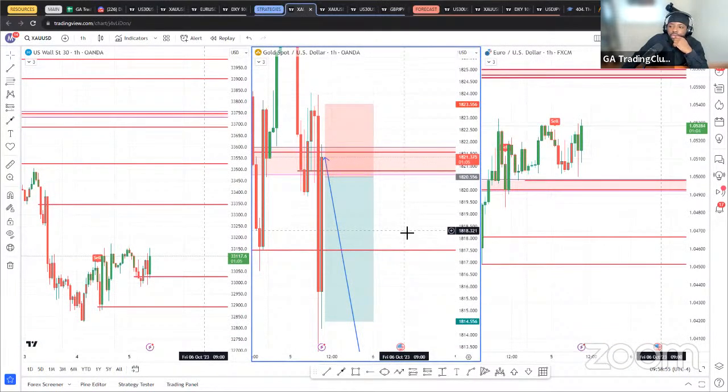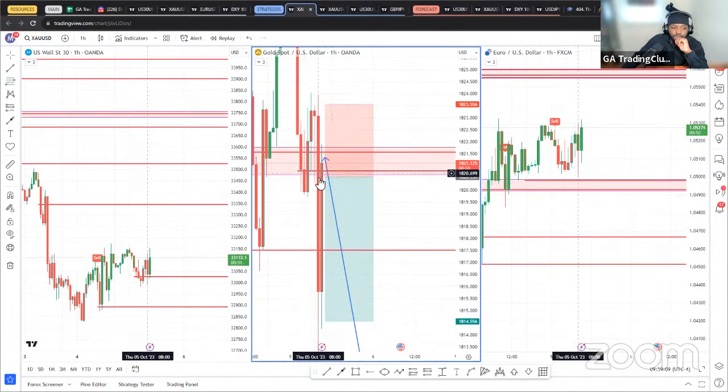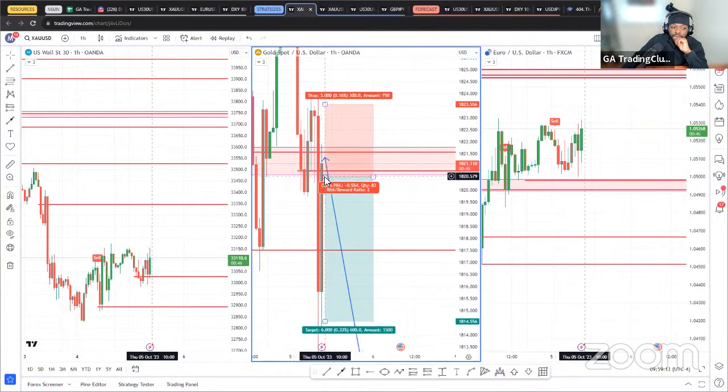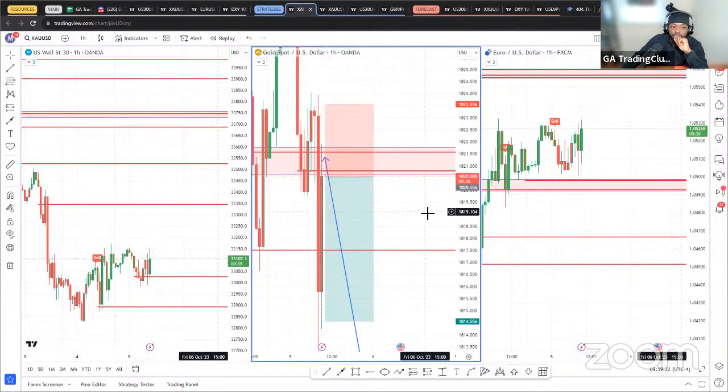1 more minute. They can wick this out and fake out that 1 minute entry and then drop it back below. If they wick out and I get stopped out on the 1 minute entry, and this candle closes below this hourly time frame, I will enter again. But I really don't want it to get to the point of getting faked out.